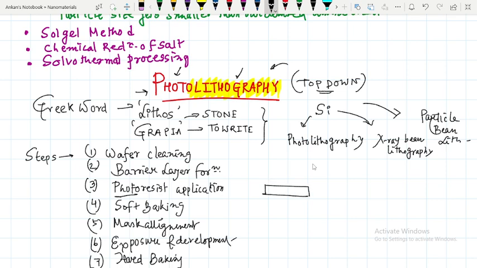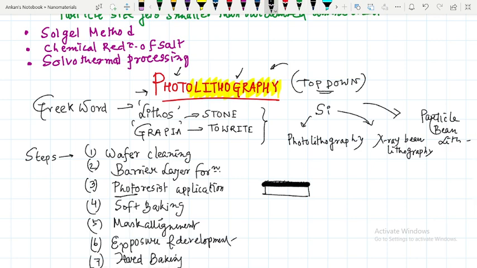Next it is cleaned by a chemical cleaning process, and the clean wafer is ready for the lithographic technique, and the photoresist is applied over the silicon wafer. I have shaded the photoresist here. Next the wafer is put into the oven so that it gets soft baked.